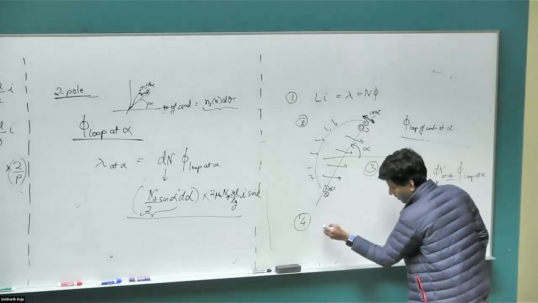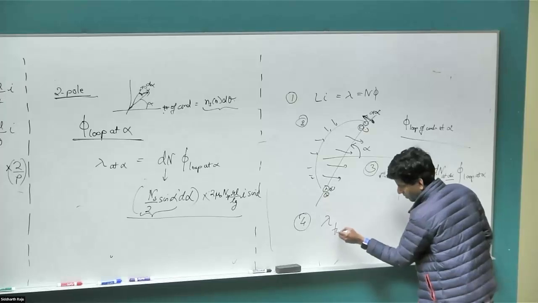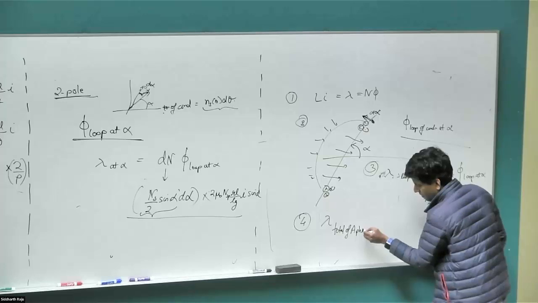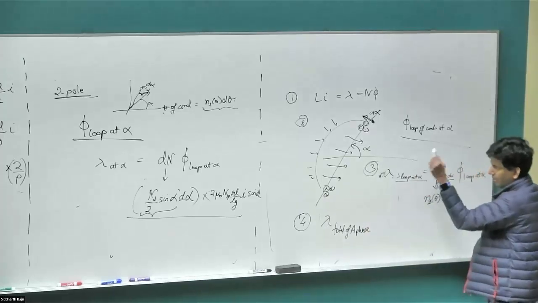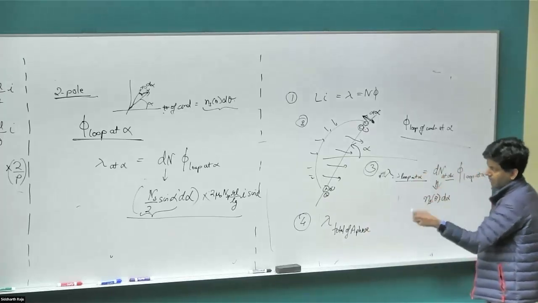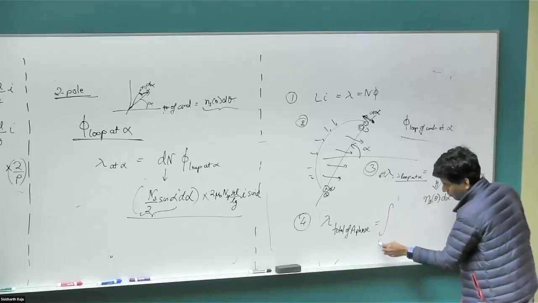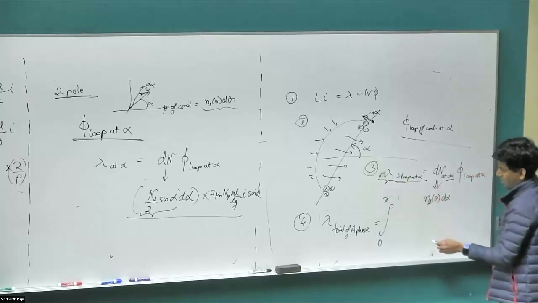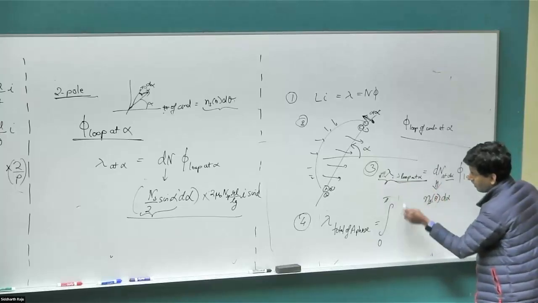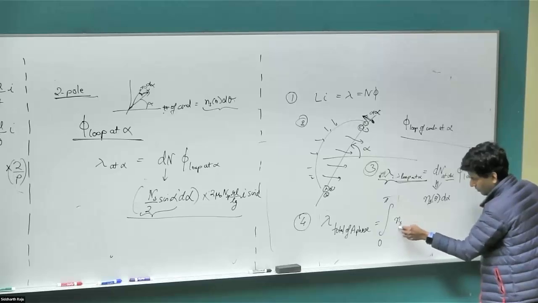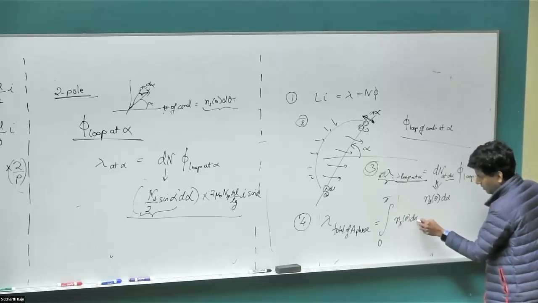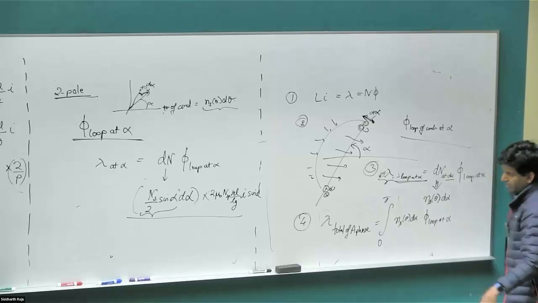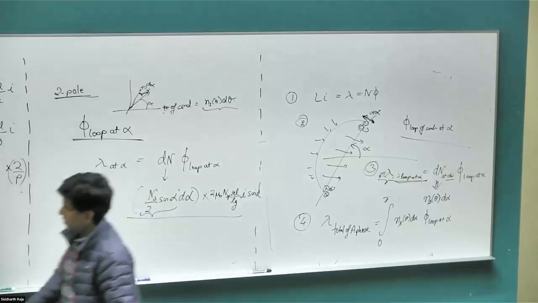So what I need to do is figure out the total flux linkage of A phase. Up to here, I just have a single set of loops of A phase at some angle alpha. To get the total flux, I integrate all the way from 0 to pi. So we have lambda at loop, which is equal to Ns of theta times d alpha times phi of loop at alpha. So let's plug in those values.